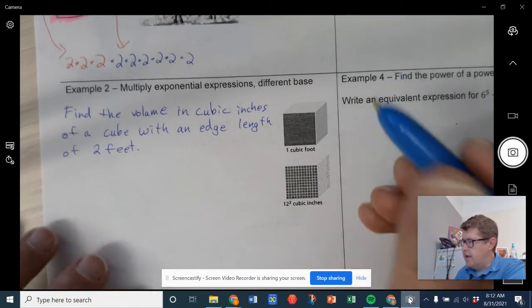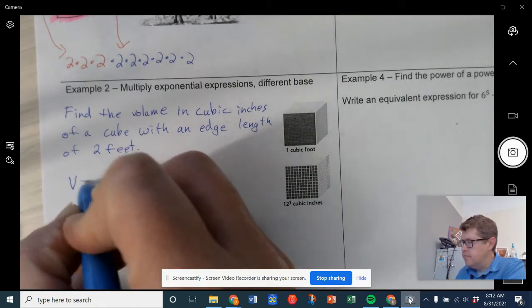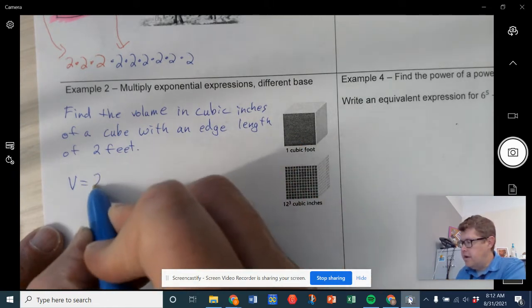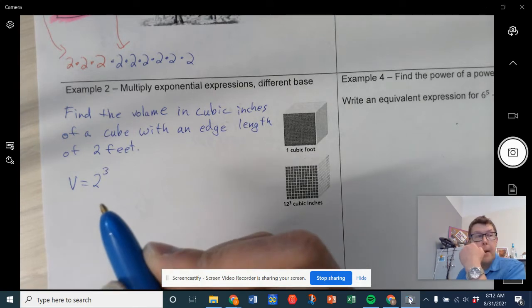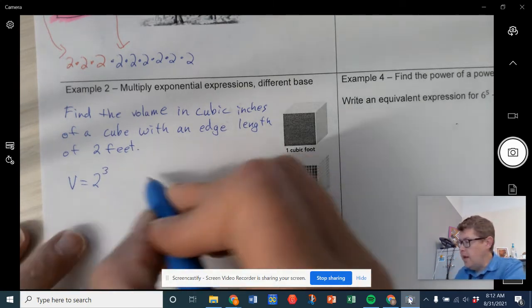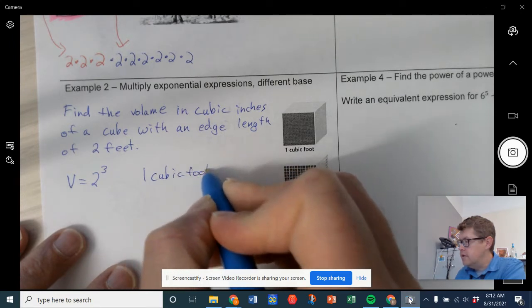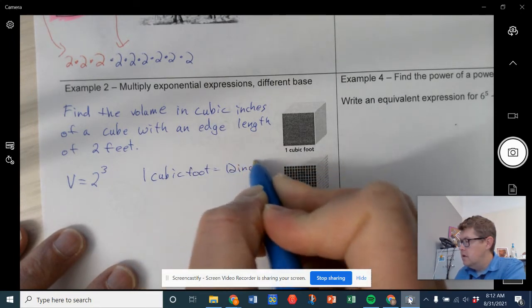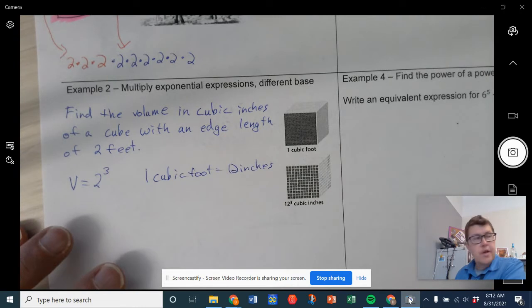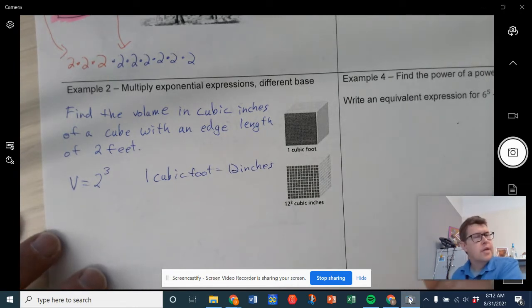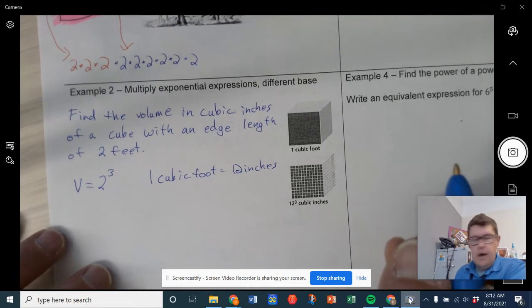So if we have the volume of our original cube, we know it has an edge length of 2 feet, so our volume is 2 cubed. Okay, and if 1 foot is 12 inches, right? So then we can combine this. Sorry, I keep thinking something's going to come in my room in just a second here.